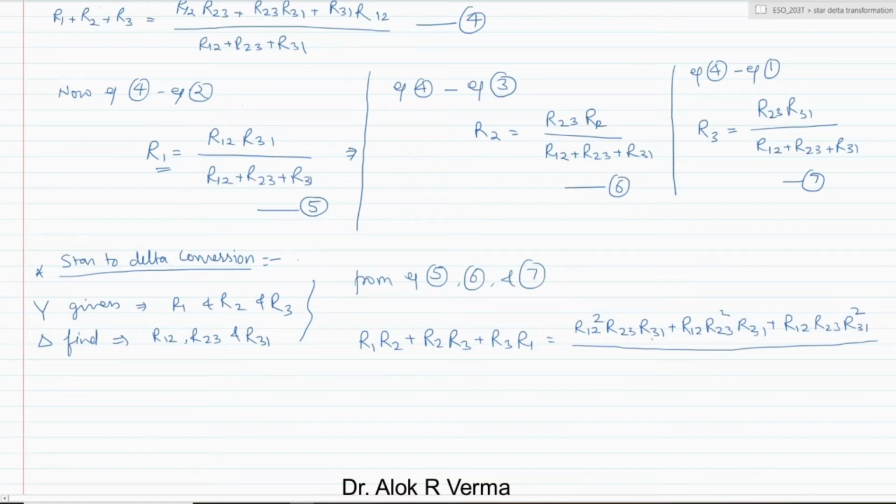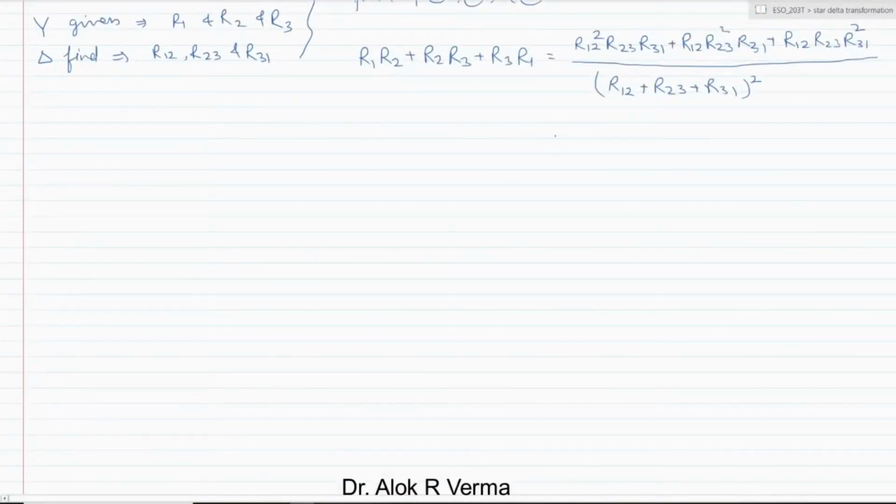This is only one very simple step, and then here you'll get this. So this is the term which you'll get. Now a very simple step, just take the things common. So in this equation, if you want to take R12 R23 R31 common, we'll be left with R12 plus R23 plus R31, and we have the denominator as R12 plus R23 plus R31 raised to power 2.